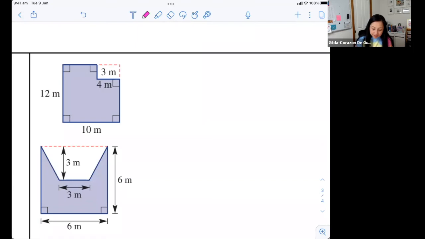So this time we're minusing the area of the whole rectangle, the bigger rectangle. You could even say area of the bigger rectangle minus area of the smaller rectangle, right? And what's the area of the bigger rectangle? It's 12 times 10, right?